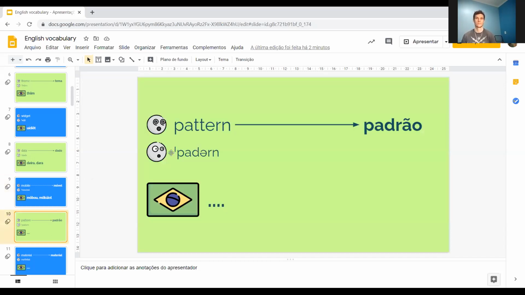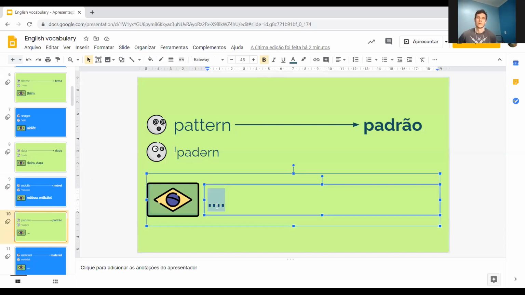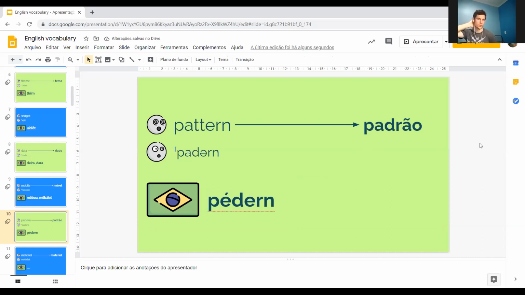Next one, I would say pattern. Yeah, that was good. Say it one more time. Pattern. Would you say it slowly? Pattern. You've got to put all that emphasis on the first syllable.